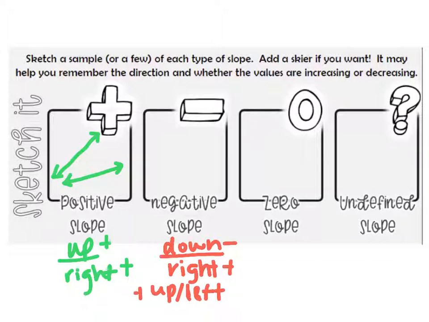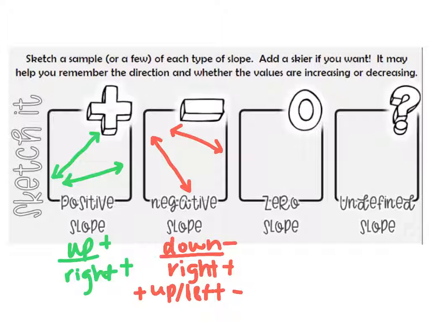Up is positive, left is negative. A positive divided by a negative is still a negative. So whether you're going down and right or up and left, your line is still going from left to right, it's still going down. Both of these lines are negative.